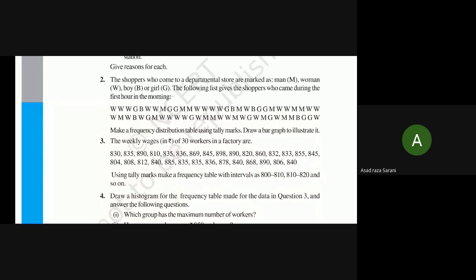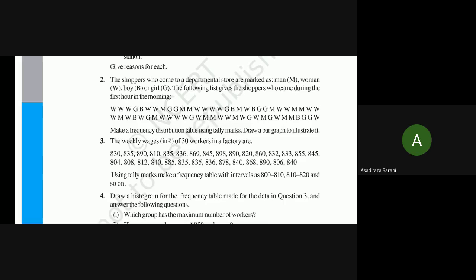Make a frequency distribution table using tally marks. Draw a bar graph to illustrate each. There are three things to do. First tally marks, then frequency distribution table, then bar graph. We have to indicate here.